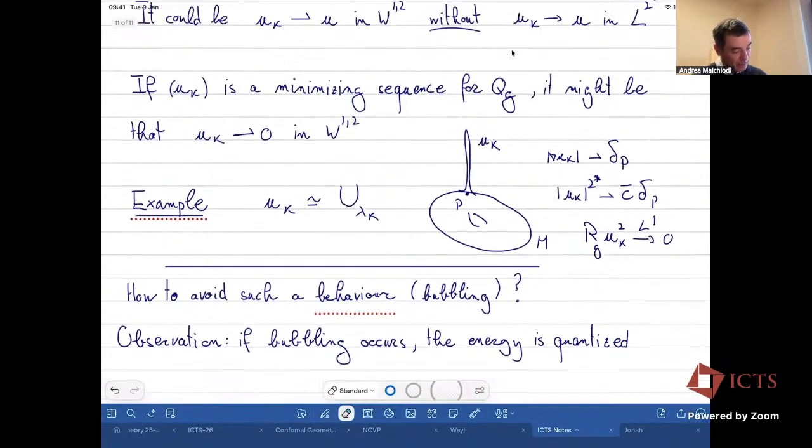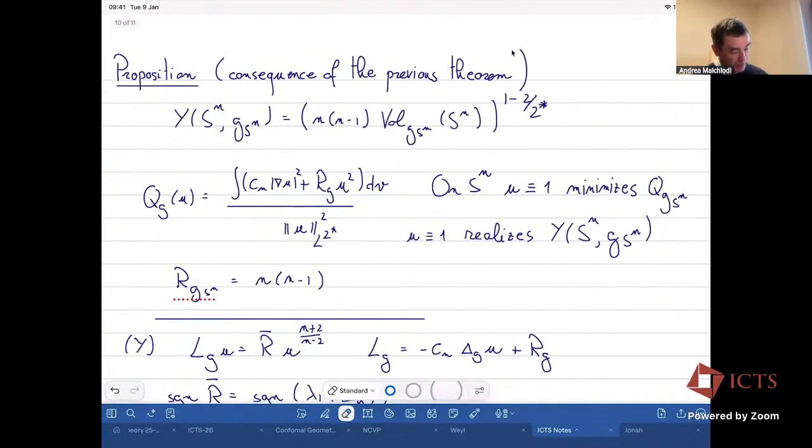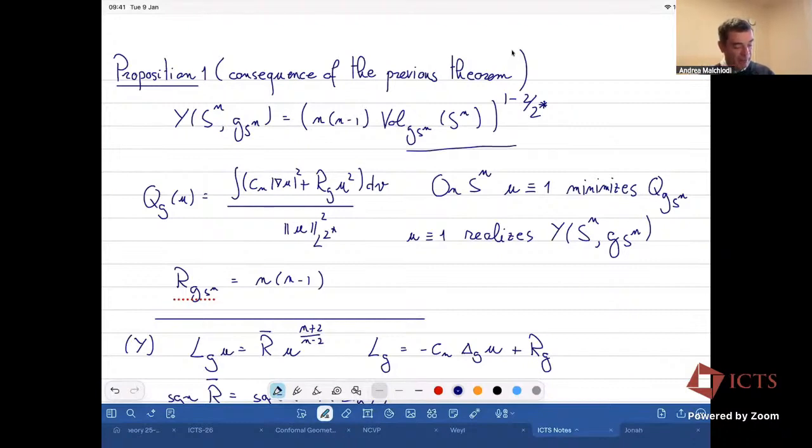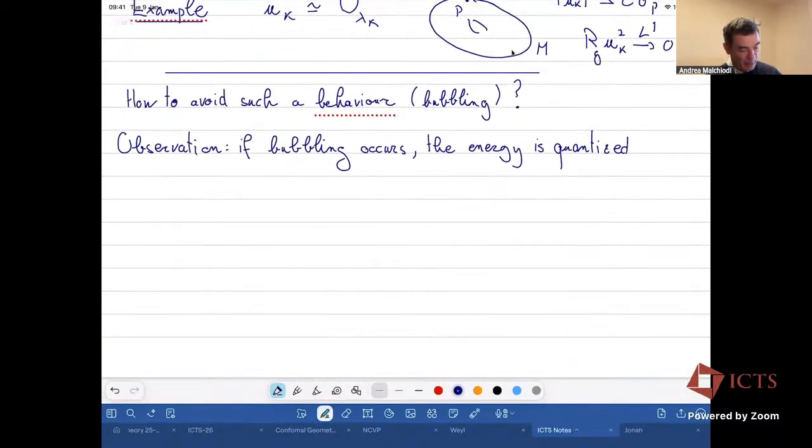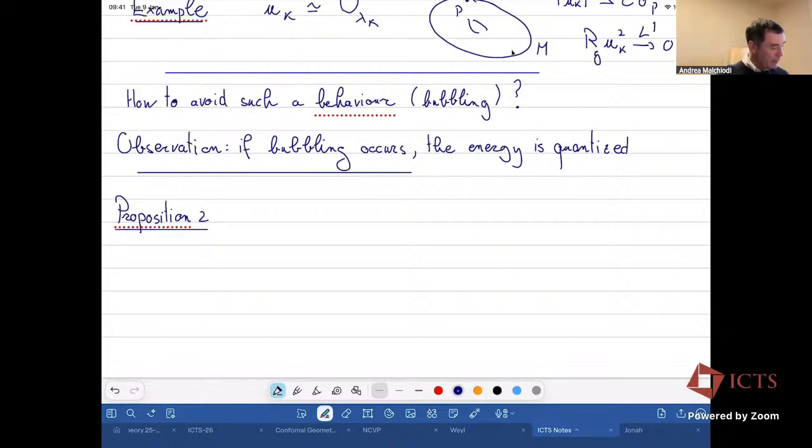So there's this proposition 2. Sorry, the previous one I call proposition 1, the value of the Yamabe constant of S^n. Proposition 2 is the following. It's still due to Aubin, same paper as before.